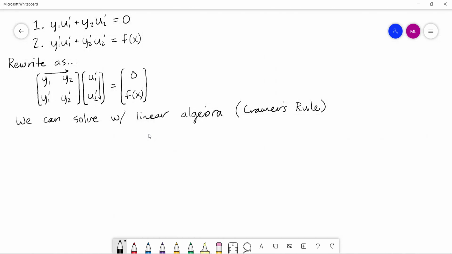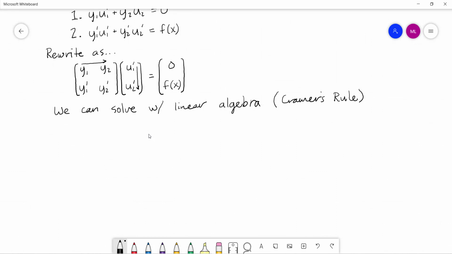I'll skip all of this because linear algebra is not a prerequisite. u1 prime is going to be equal to negative y2 times f of x over this thing that's called the Wronskian. And u2 prime is equal to y1 times f of x over the Wronskian, where the Wronskian is just the determinant of the original matrix that we have sitting over here.